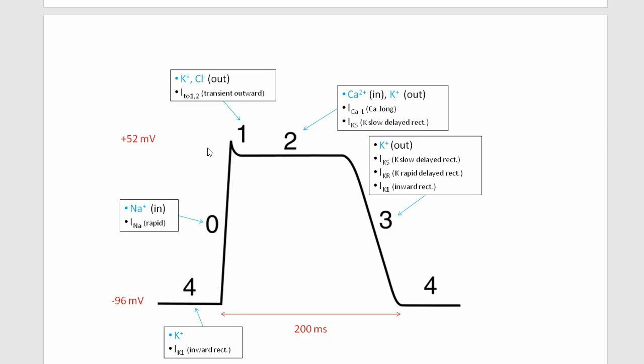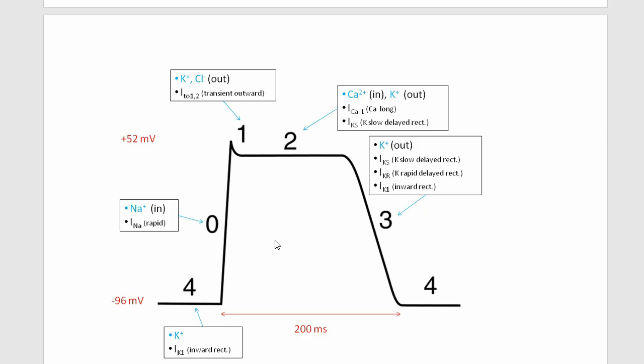Now, while it doesn't show it on this diagram, and in all honesty, frustratingly, it doesn't in most textbooks, potassium also plays a role in this section. So in non-pacemaker cardiac cells, a small number of voltage-gated potassium channels may open during the initial depolarization, and this contributes to a small efflux of potassium ions.